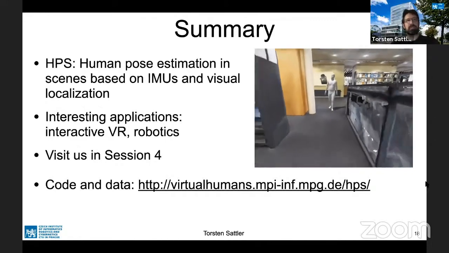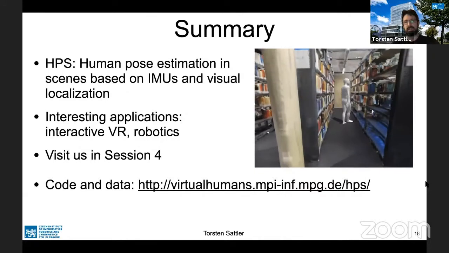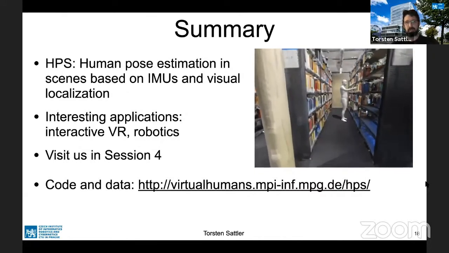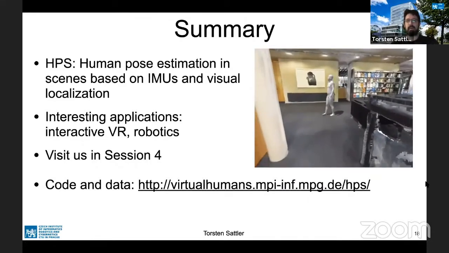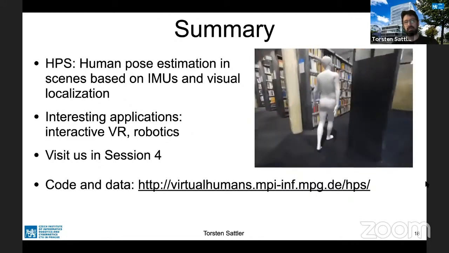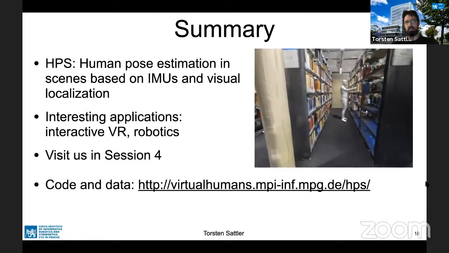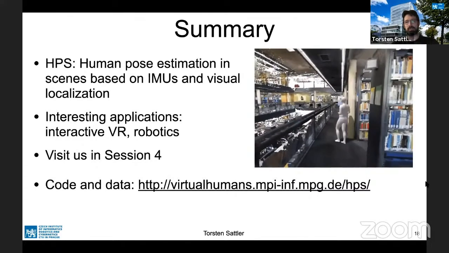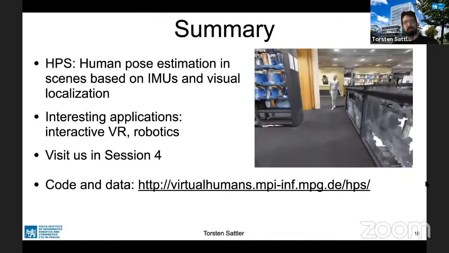But you could, since the visual localization system gives you a global pose that is actually not subject to drift because you're localizing within an existing map, you could actually prevent the position drift that you have from IMUs by having this. Essentially, if you think of this in terms of a SLAM system, then what localization does, it gives you a sequence of loop closures with respect to previously visited scenes. I hope that answers the question.